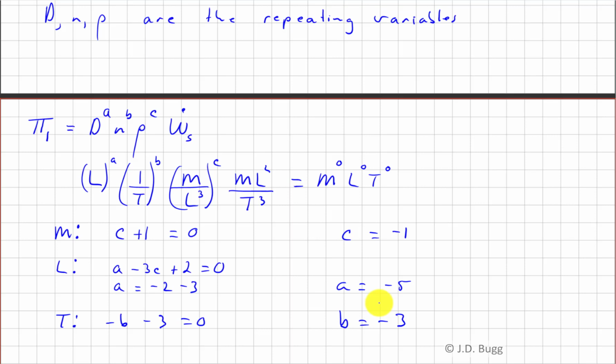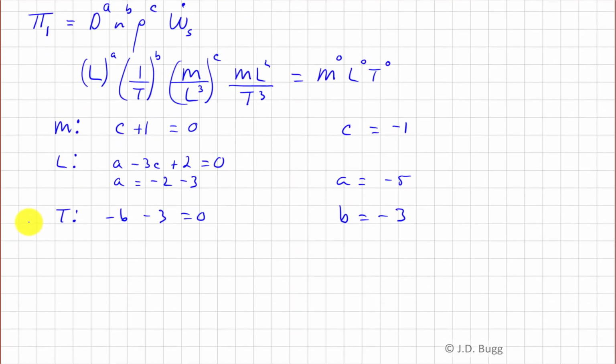So now we can form this dimensionless group. We can say pi 1 is equal to, and you'll notice they're all negative, so all of those are going to be in the denominator. So we can just write our brake horsepower, just rewriting that, and then the rest of these things are in the denominator. Density is to the minus 1, so put a rho there.